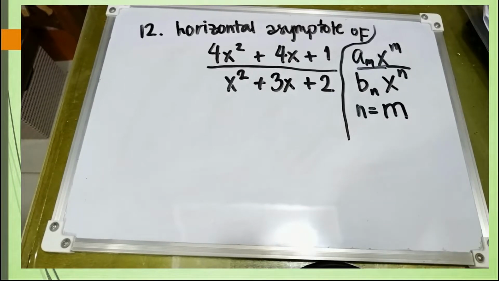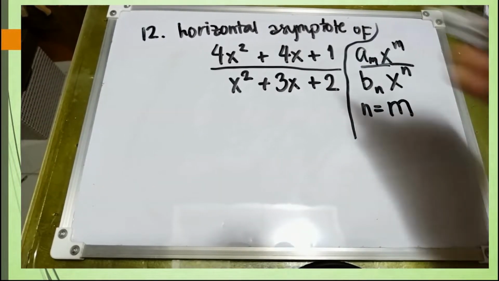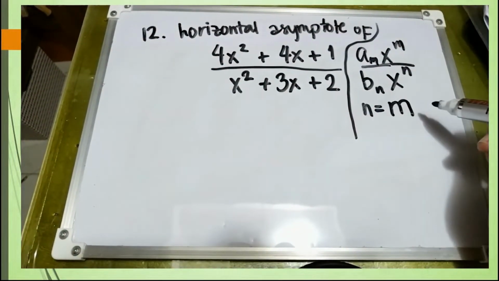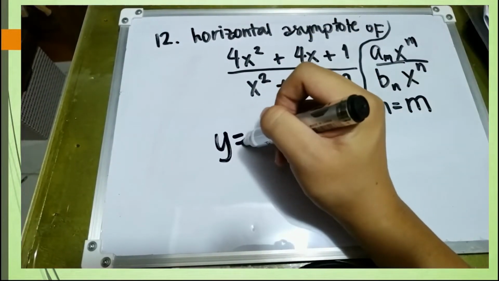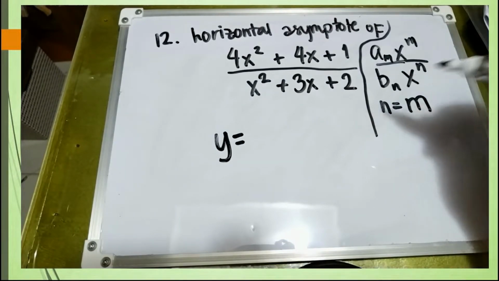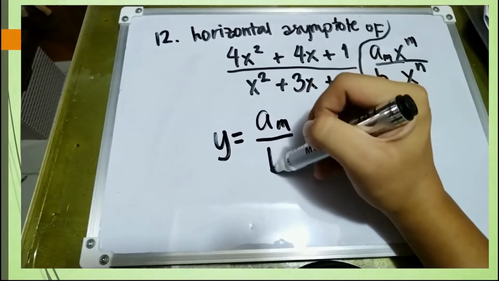So let's take note of this one. A_m x to the power of m over b_n x to the power of n. And also take note that the exponents here, the 2 here, are equal. So that means n is equal to m. So that means that the horizontal asymptote is a_m over b_m.